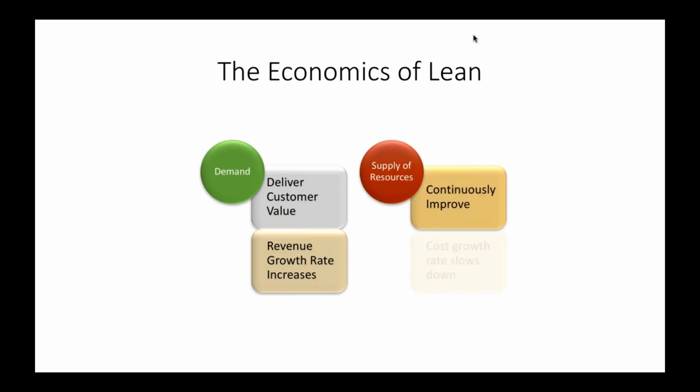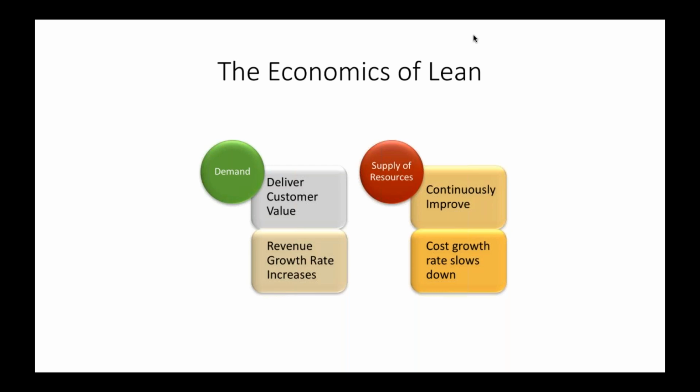On the supply side, think about the supply of your resources, the people, the machines, the technology that do the work to create the value. The idea of continuous improvement, and all of these resources work in different processes. So the processes are improving, and you're creating productivity, and what happens is your growth rate of costs slows down.